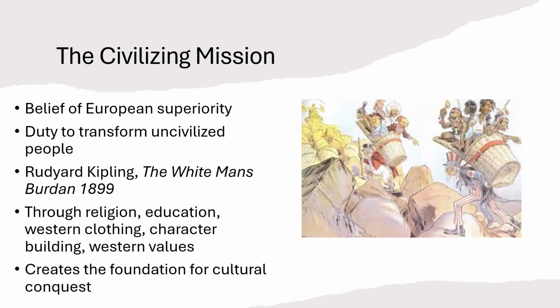And so this is really creating the foundation for cultural conquest. And in many cases, the cultural conquest actually happens first, before the colonization or before the annexation of a particular territory.